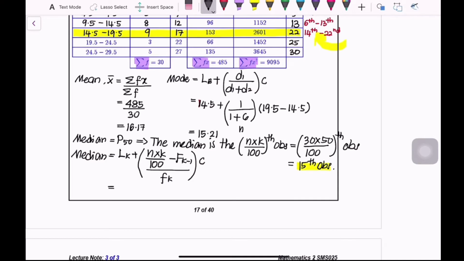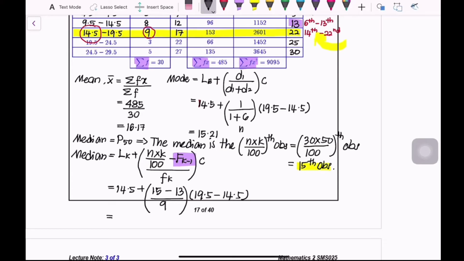Substitute: Lk, the lower boundary for the median class, is 14.5, plus n times k over 100 is equal to 15, minus f(k-1), the cumulative frequency before the class, is 13, over f, the frequency for the median class, is 9, times c, which is 19.5 minus 14.5, or c is equal to 5.